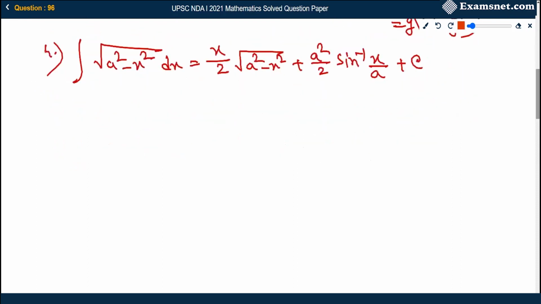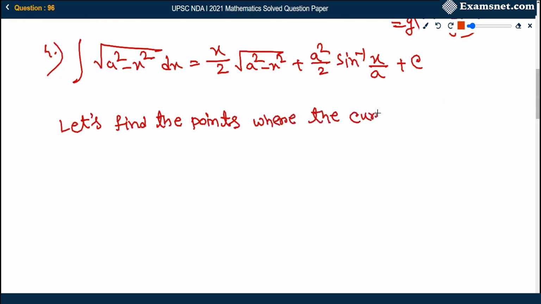Okay, now let's talk about the given curve. So let's find the points where this curve meets the x-axis.